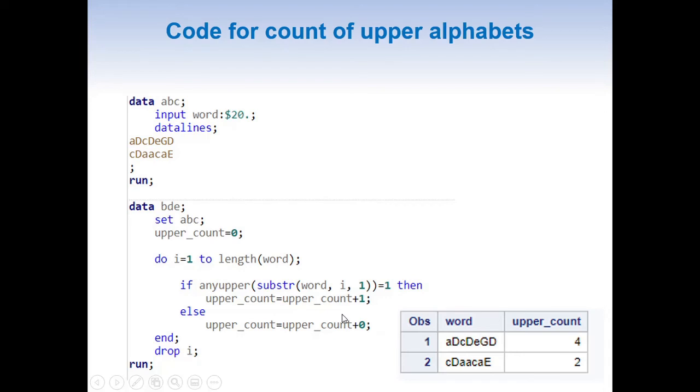Then when I becomes 2, I extract D, which is an uppercase letter, and the code adds upper underscore count plus 1. In this way I found one uppercase letter, and my upper underscore count is now 1.